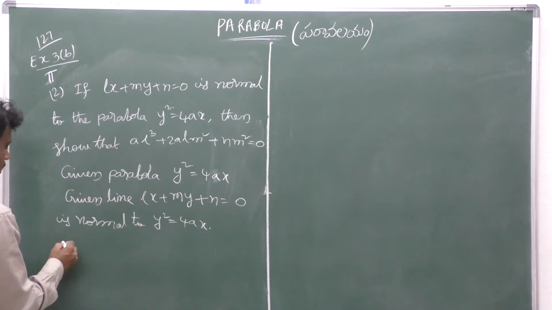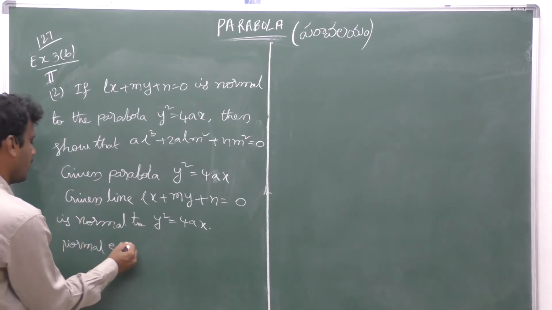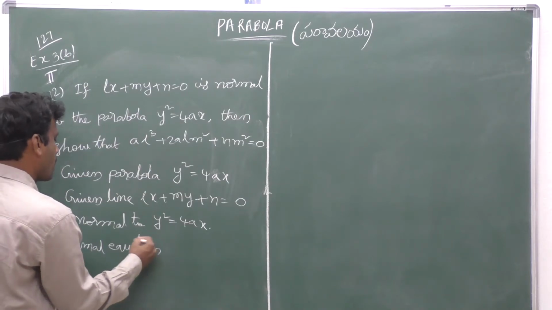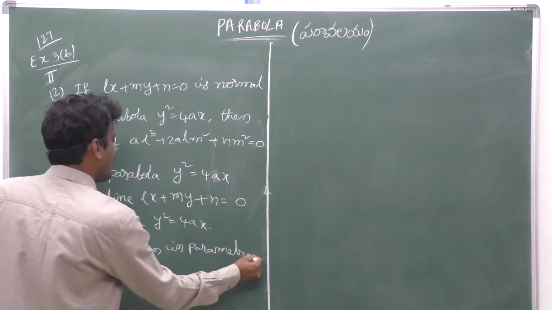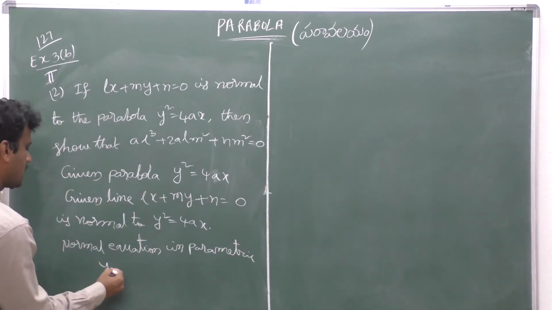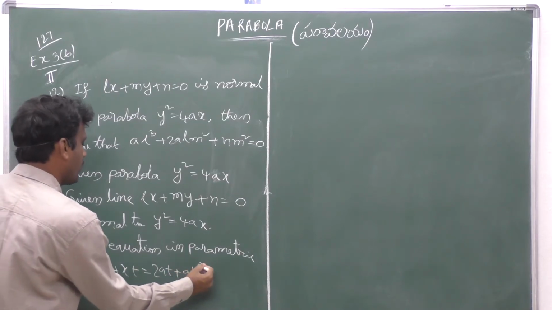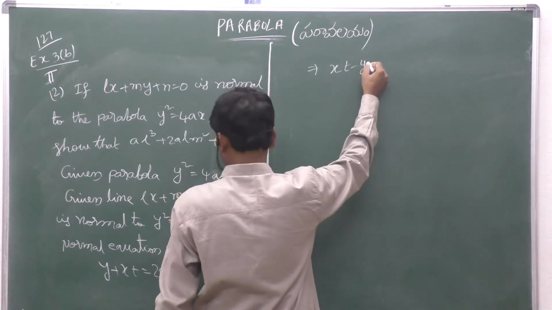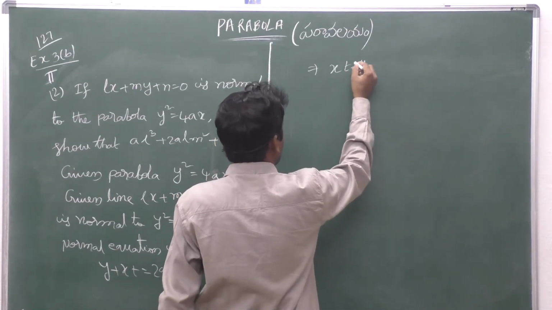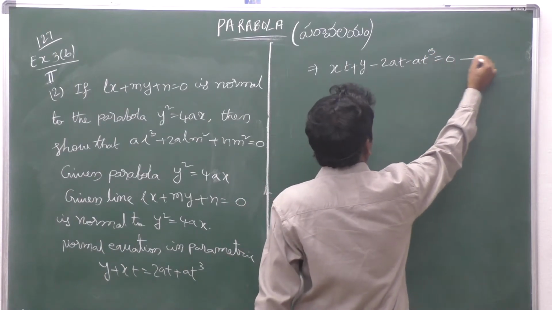Next, normal equation in parametric form. We have normal equation y plus xt equal to 2at plus at cube. That implies xt plus y minus 2at minus at cube equal to 0.